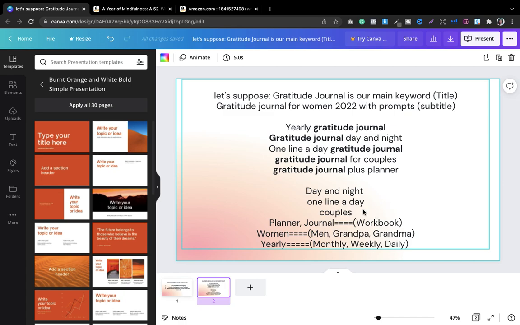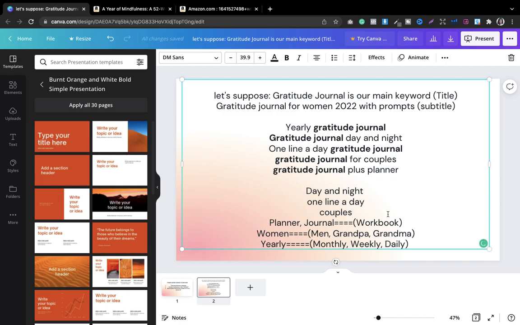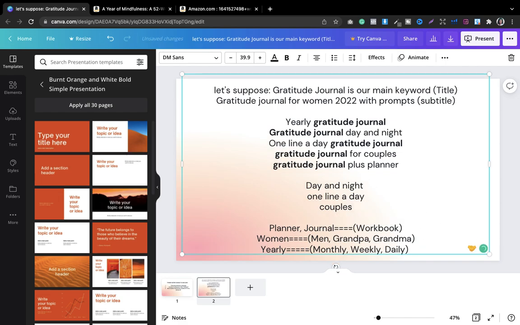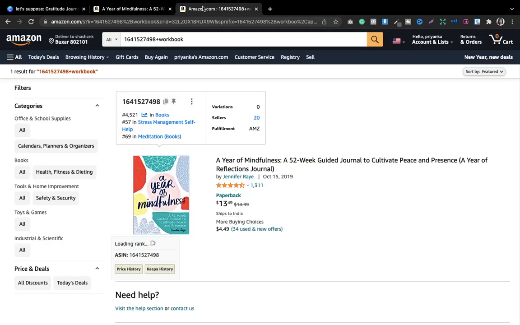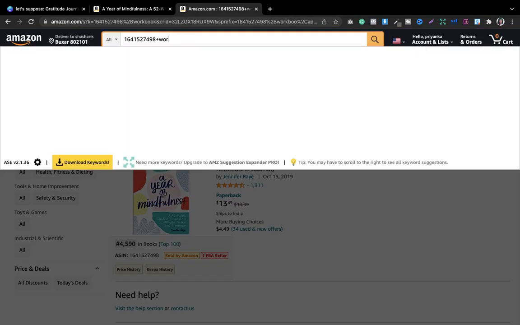For example, you can write here gift ideas as well, very important, gift ideas. Okay, but it is not important that everyone is looking for only gift ideas. They can also type presents, because in the UK presents is the word that is frequently used in place of gift ideas. Okay, so I would love to see if they are ranking for gifts.